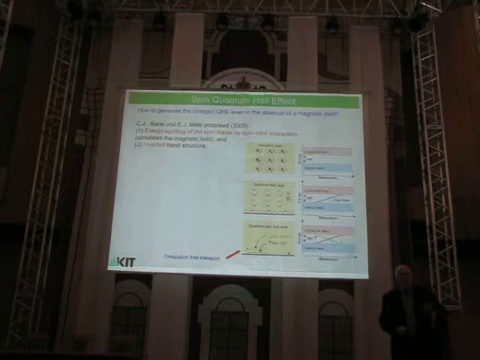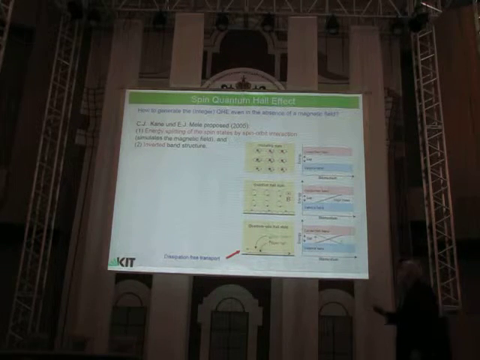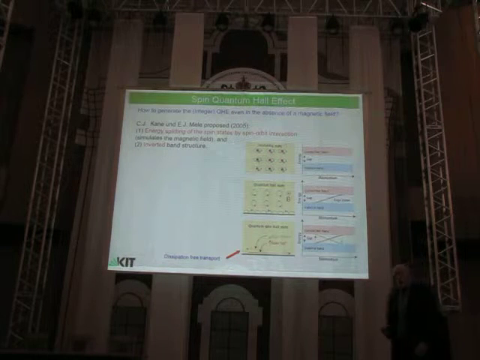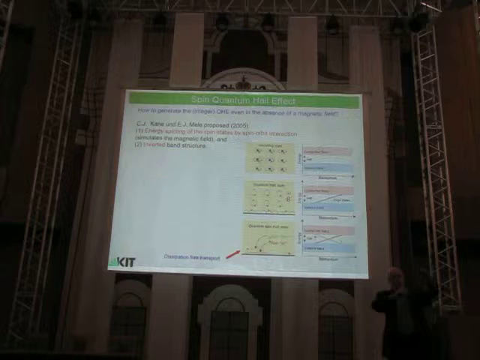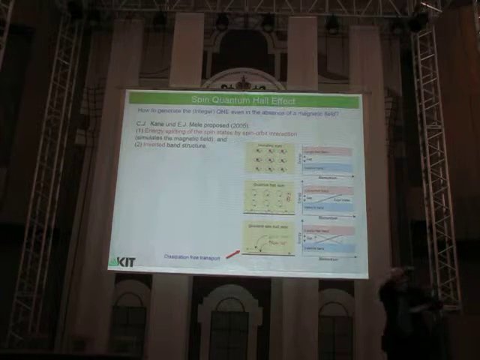Of course, we need some substitute for the magnetic field. And the substitute can be a strong spin-orbit interaction. But that's not enough. You need something more. You need what is called an inverted band structure. So the conduction band and the valence band have to be interchanged.